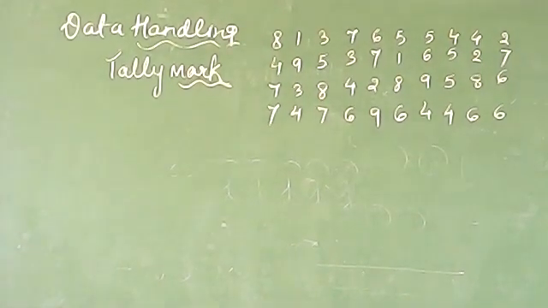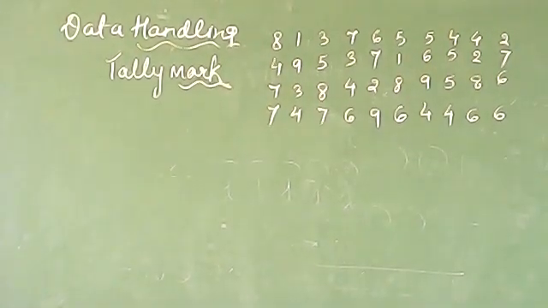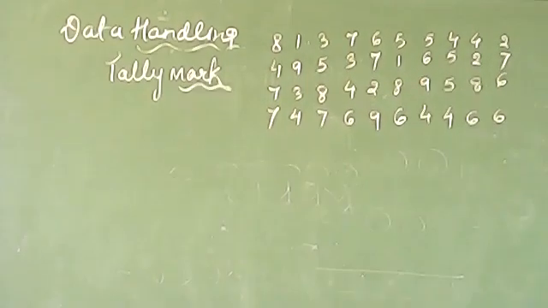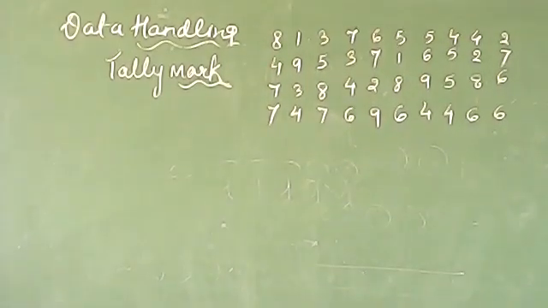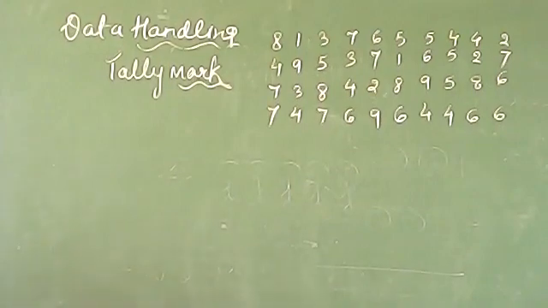Now, today we are here to discuss the questions related to telemarks. Remember, when we represent data through telemarks, we call it frequency distribution as well. So there are two names.